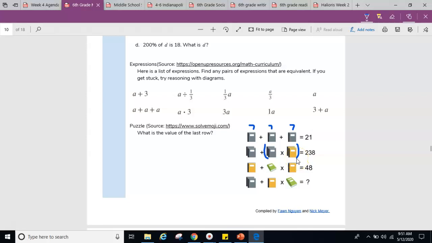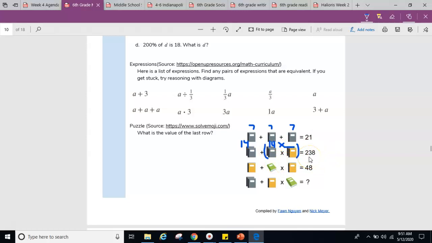You're going to multiply, because multiplication comes before addition. So if it helps to put parentheses in there, you can, just so you have a visual of which you're going to do first. So then you know that 7 and 7 is 14, so 14 times something plus 14 is going to equal your 238.